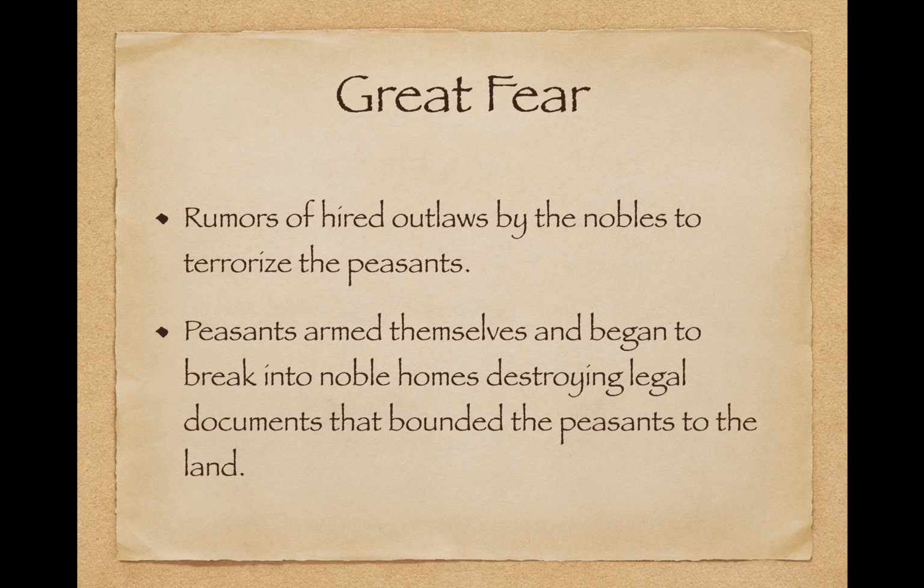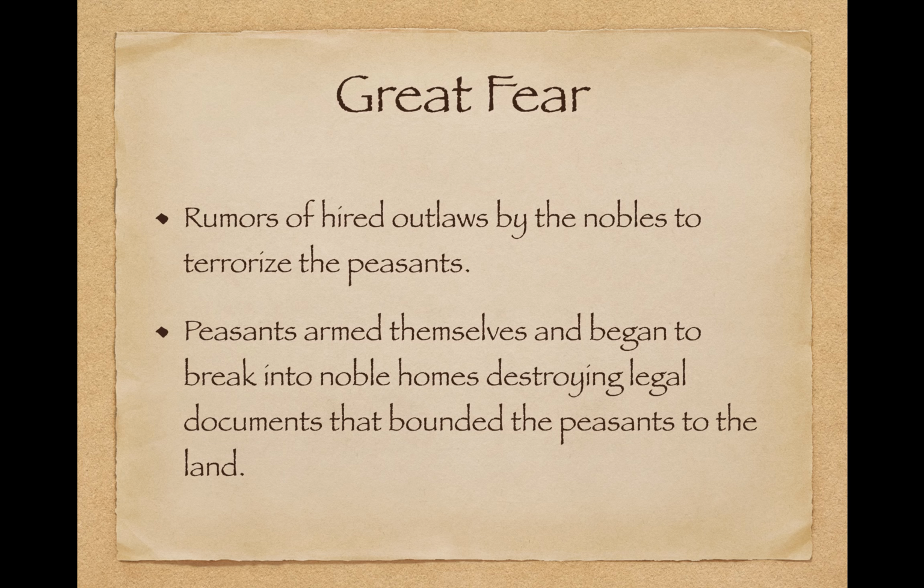As a result of that, because the storming of the Bastille happens in the city, this also happens out in the countryside. So there are rumors that the nobles hired outlaws, and these outlaws' job is to terrorize the peasants and to scare the peasants. So once again, the peasants are going to arm themselves.